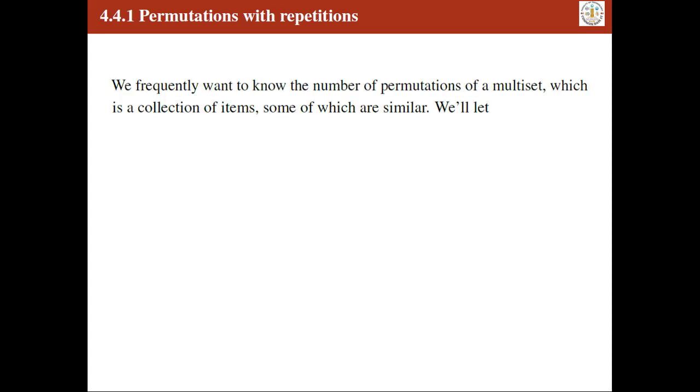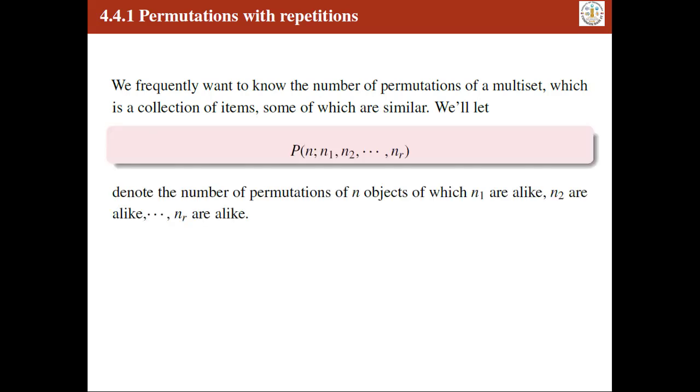Permutations with repetitions. Frequently, we want to know the number of permutations of a multiset, that is, a set of objects, some of which are alike. We will let P(n; n1, n2, ..., nr) denote the number of permutations of n objects of which n1 are alike, n2 are alike, and nr are alike.